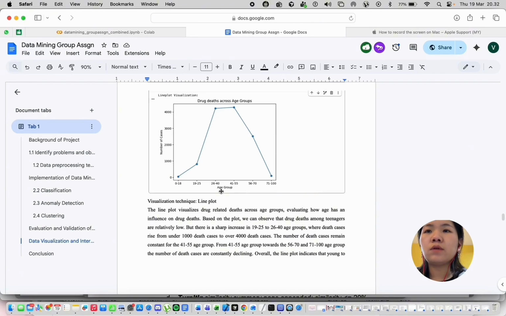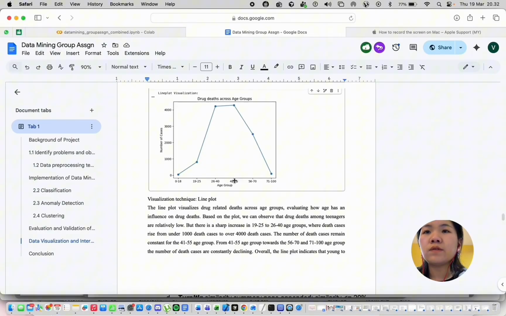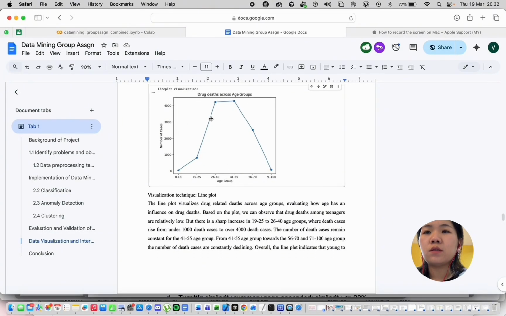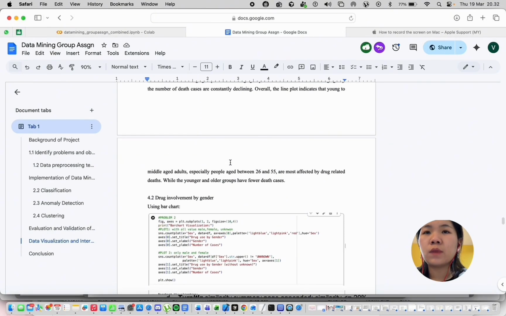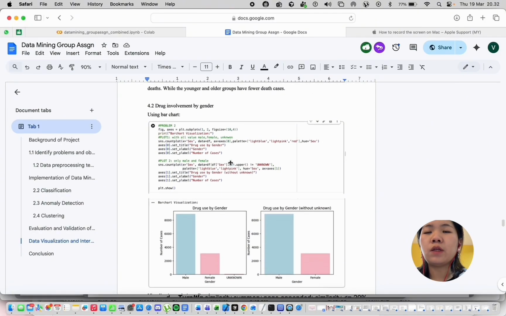And then the second one, we can see drug involvement by gender. On the left side, we can see the drug use by gender, but we have three variables, which are male, female, and unknown. On the right side, we only have male and female.